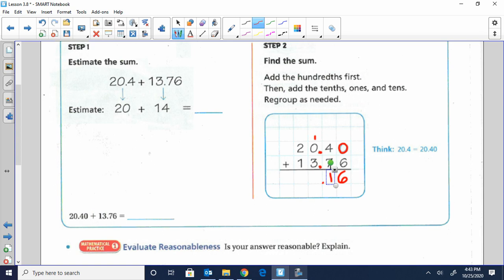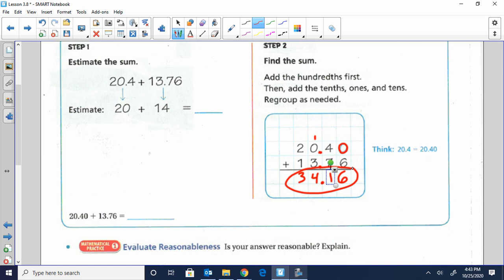The decimal point will then drop straight down. 3 plus 0 is 3, plus the extra 1 is 4. And 2 plus 1 equals 3, giving us our total of 34 16/100ths. 34 16/100ths.